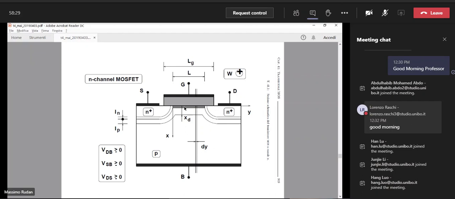So they have a depleted region, as usual we indicate with Ln and Lp the extension of the depleted region on the N side and on the P side of the junction. On the other hand, since we have a condition of inversion of the surface in the channel, we also have a depleted region.